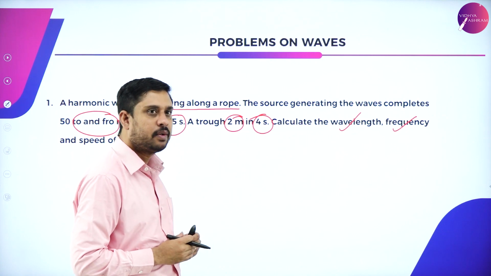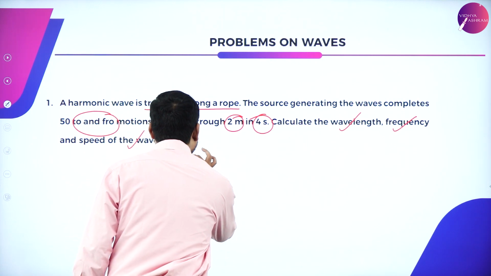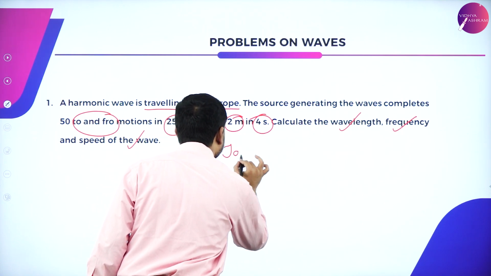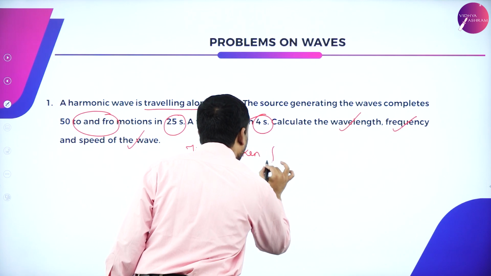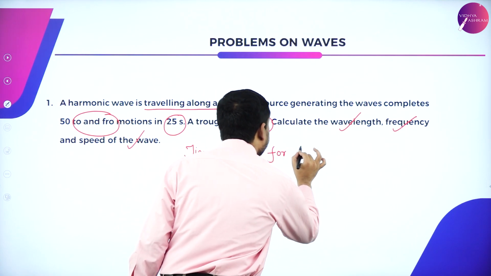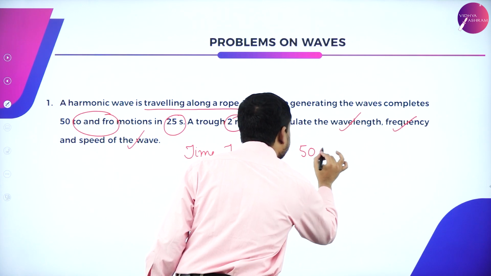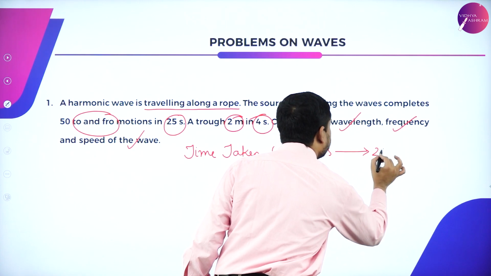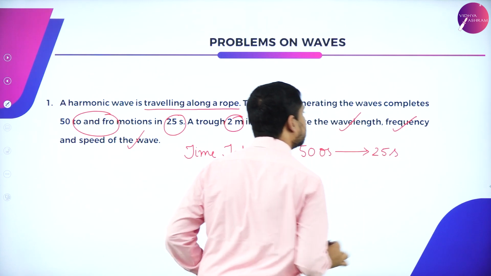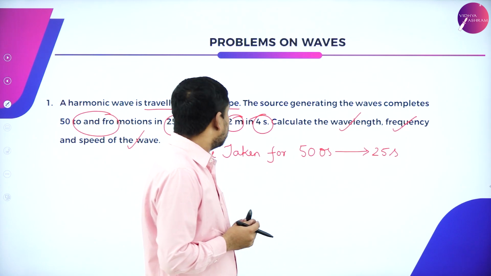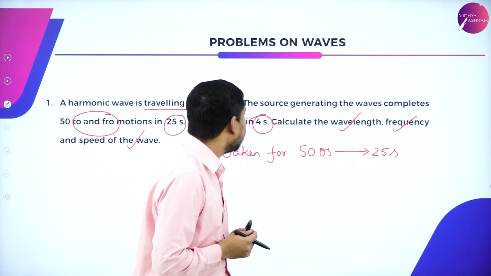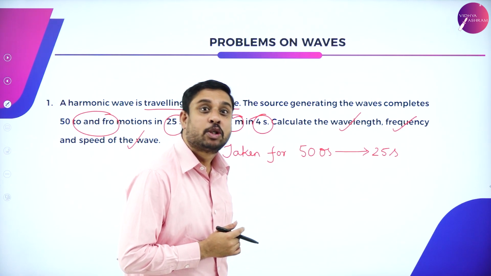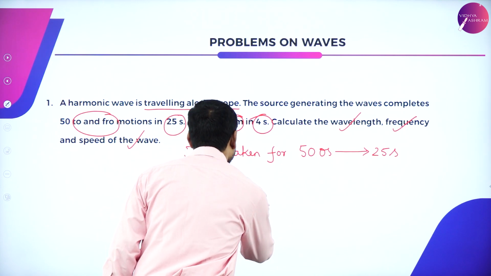Now, time taken for 50 oscillations is 25 seconds.